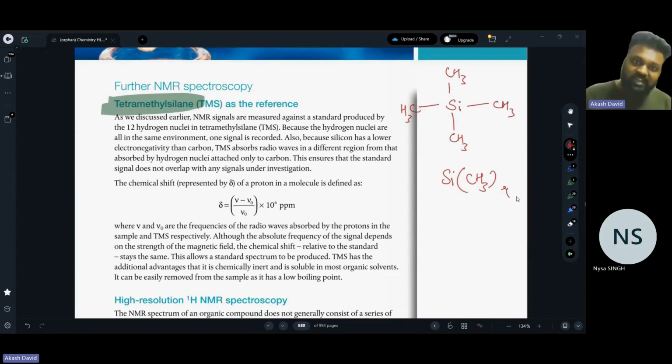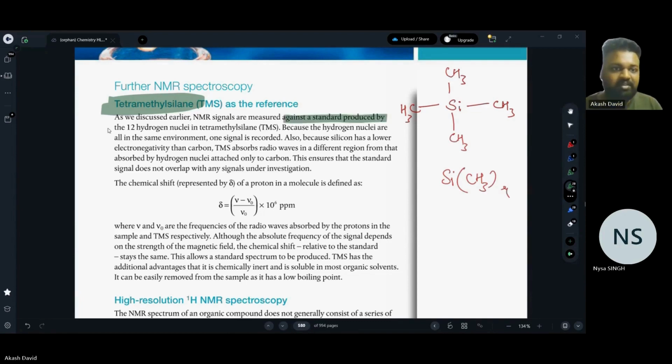So tetramethylsilane has the lowest electronegativity in this scenario. If you read the statement, it clearly states why we use tetramethylsilane: because it is measured against the standard produced by 12 hydrogen atoms, or 12 hydrogen nuclei, in the tetramethylsilane.